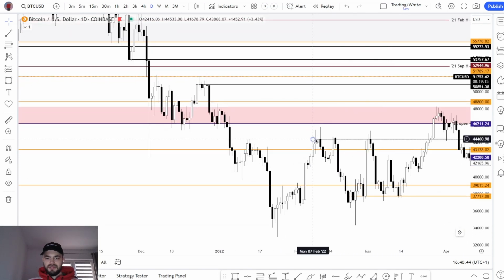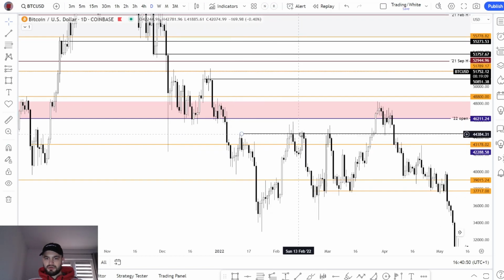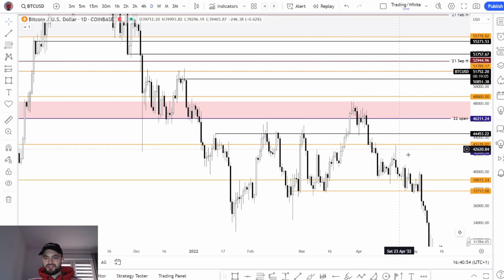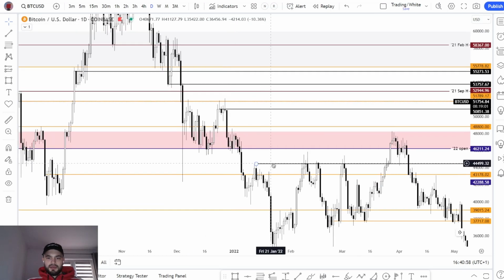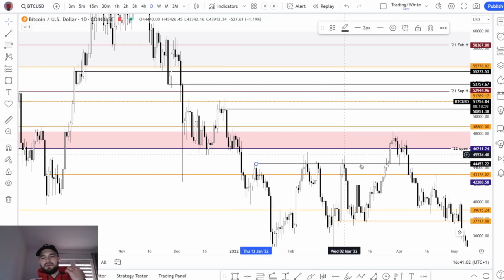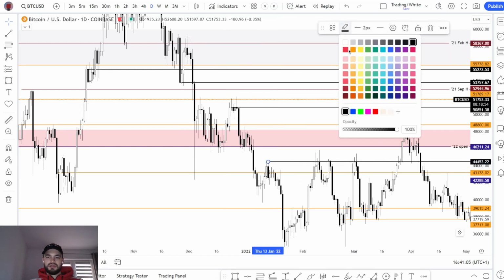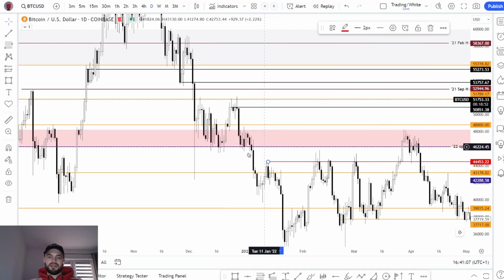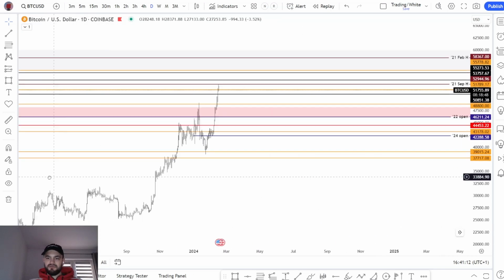Yeah, probably these. These are really relevant actually, because you see wick there, couldn't close above there, basically couldn't close above there, wick there, had a deviation, and then went straight down. So if there is a really big and really confluential level, something I like doing is a red line, like a simple red line, just to know that that is a big level to go above or below.